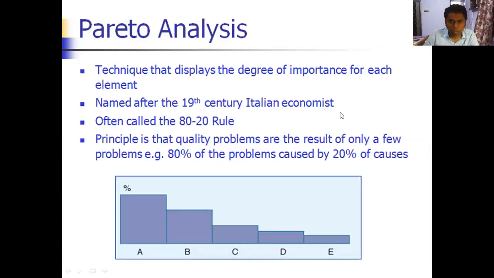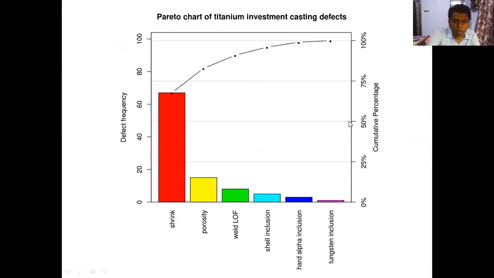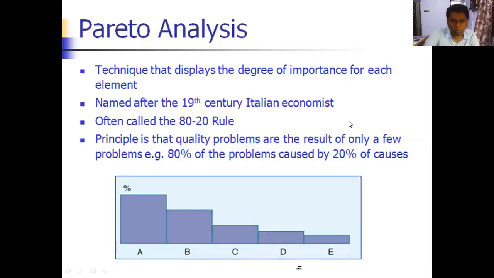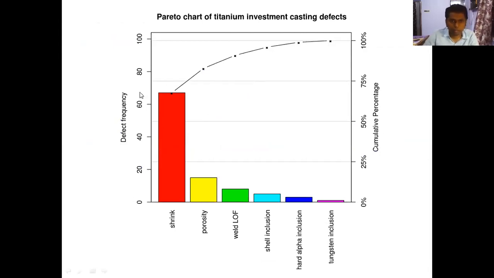And I have also added another slide for Pareto analysis to make the idea about this very clear. So you can see here that along the x-axis, different types of defects are represented. This is an example of a Pareto chart of titanium investment casting defects.